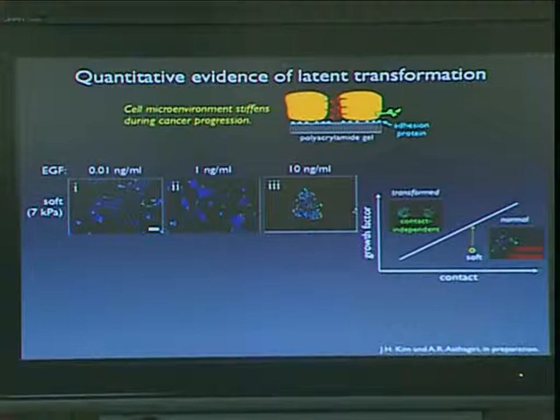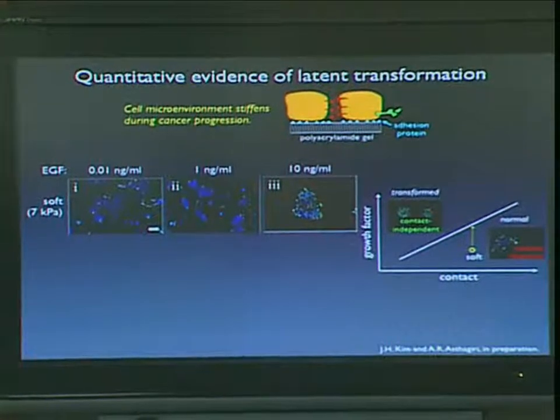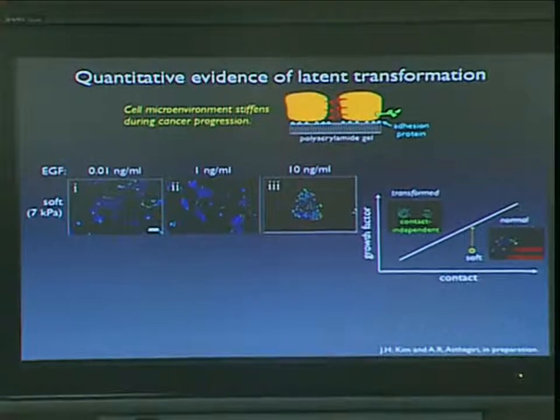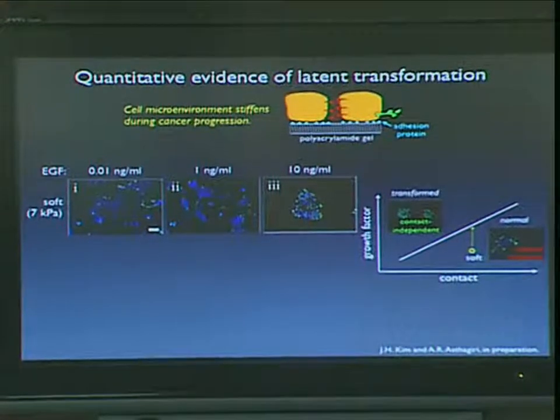And that is that the microenvironment of a developing cancer becomes stiffer. We can emulate that stiffening in our experimental context by plating cells not on a plastic surface, but on a polyacrylamide gel in which we vary the cross-linking density. Higher cross-linking density makes the material stiffer, and lower makes it softer. This is a technique developed by Yuli Wang, now at Carnegie Mellon, and used broadly to study the effect of stiffness of microenvironment.